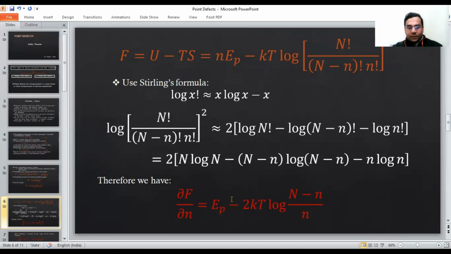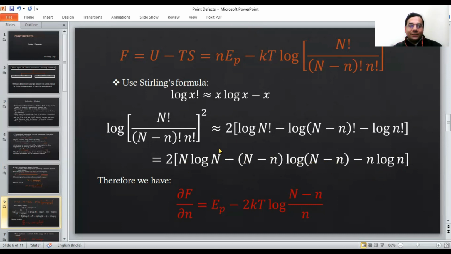So this is the simple differentiation, and we can differentiate by considering the other terms constant. Now by substituting this value in the upper equation, we will get F is equal to nEp minus kT [2 N log N minus n log n minus (N minus n) log (N minus n)].